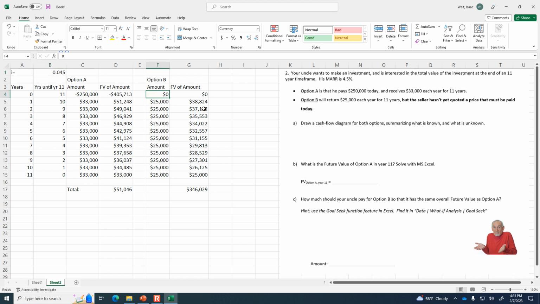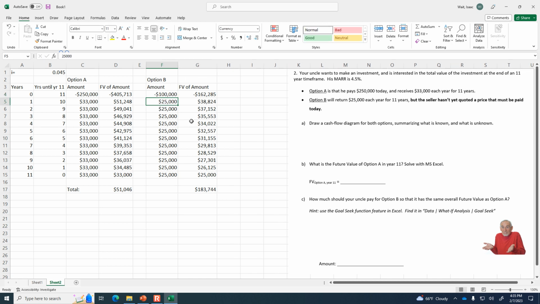So let's say, for example, what if option B costs $100,000? So I'm going to put in $100,000. Okay, that brings down the future amount, the total future amount. We're going to find out what is the price that makes this and that equal. So let me write it in here.